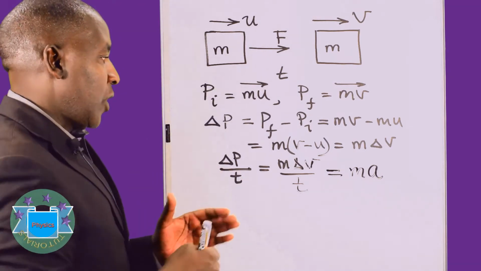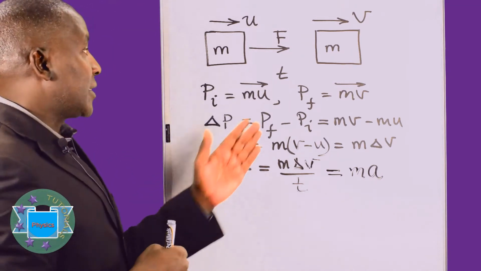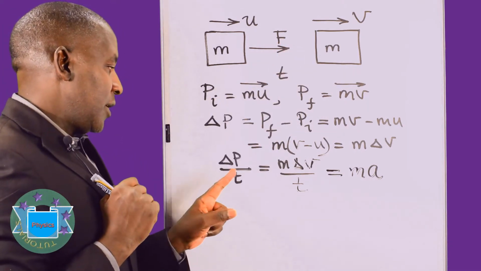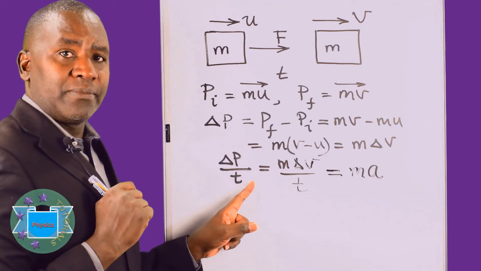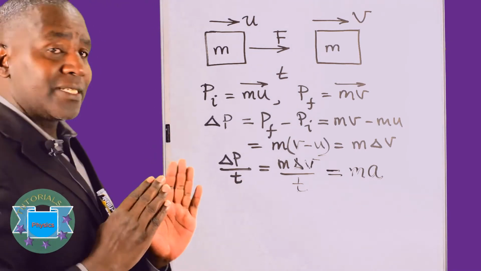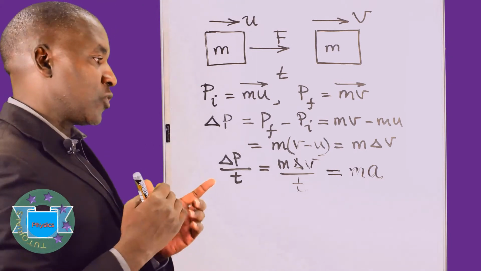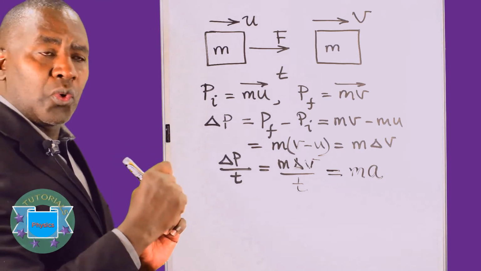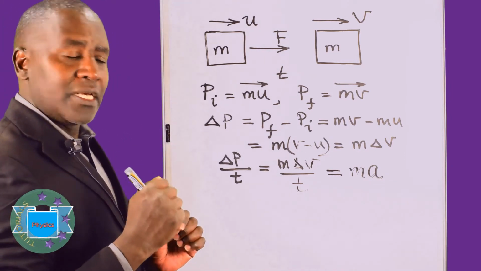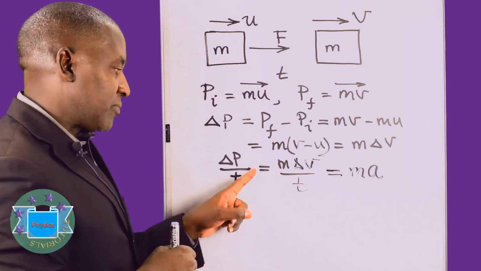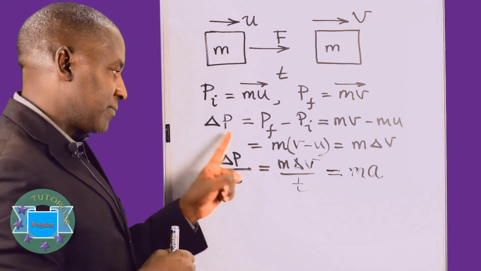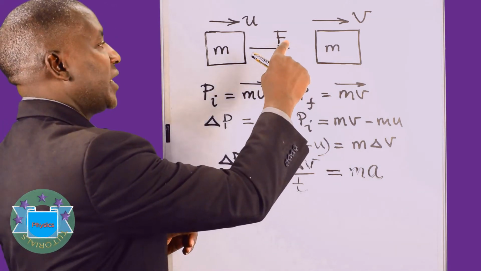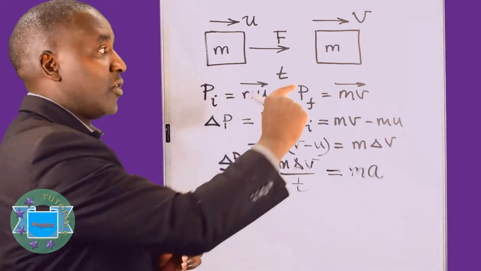Now, at this point, we are going to bring a law that connects this resultant external force that is acting and the rate of change of momentum. In fact, it's referred to as Newton's second law of motion. It states that the rate of change of momentum, which we have calculated like this, is directly proportional to the resultant external force acting on that object.